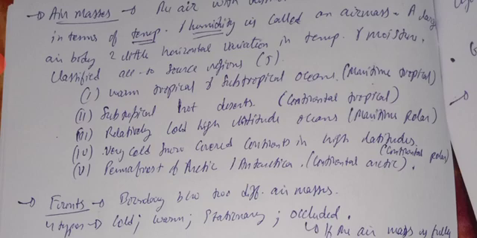Third, relatively cold high latitude oceans, that is, maritime polar regions. Fourth, very cold snow covered continents in high latitudes, that is, continental polar. And fifth, permafrost of the Arctic and Antarctica, that is, continental Arctic.